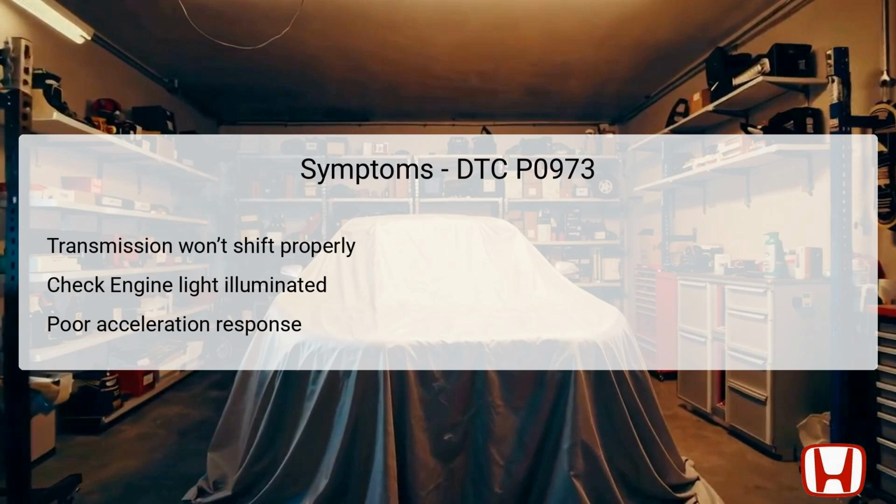The check engine light or malfunction indicator lamp may also illuminate on the dashboard, alerting the driver to a problem within the system. In more severe cases, the vehicle may adopt a limp mode, restricting certain driving conditions to protect the engine and transmission from further damage. Thus, if drivers notice these symptoms, they should seek immediate diagnostic evaluation to avoid extensive repairs.